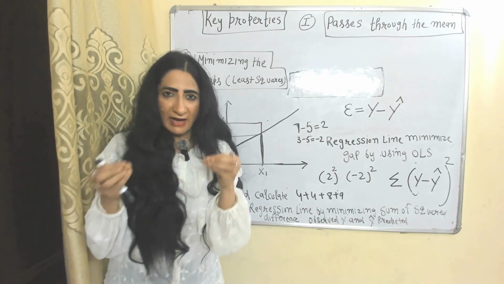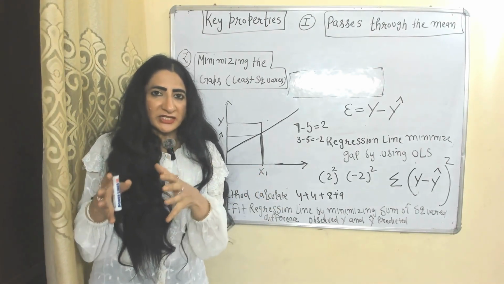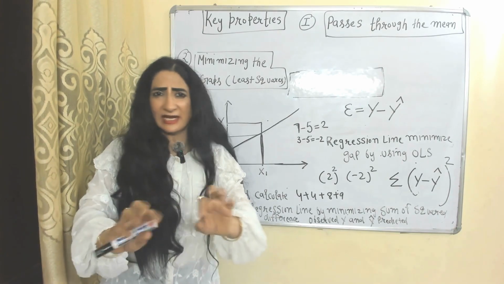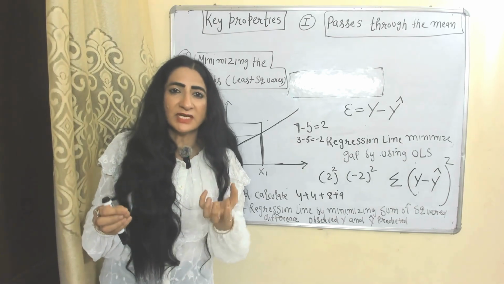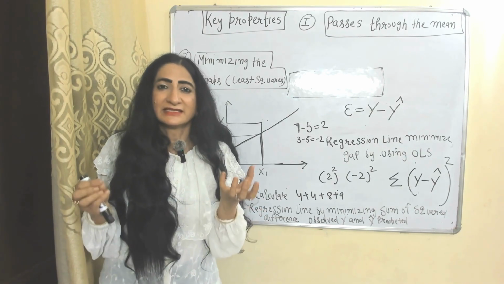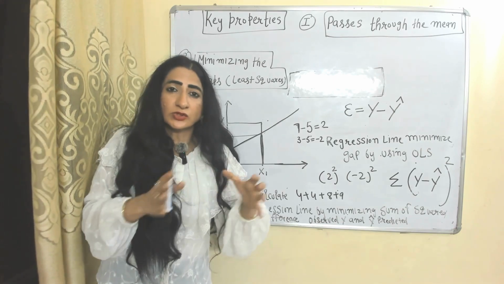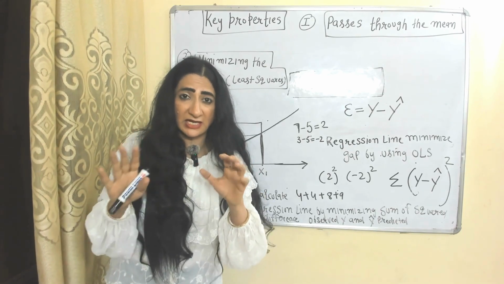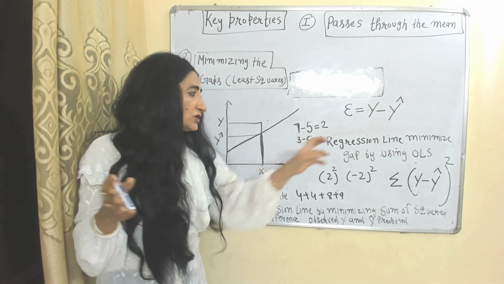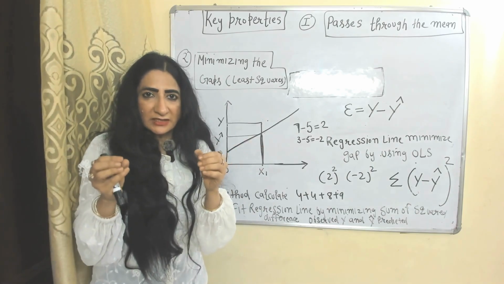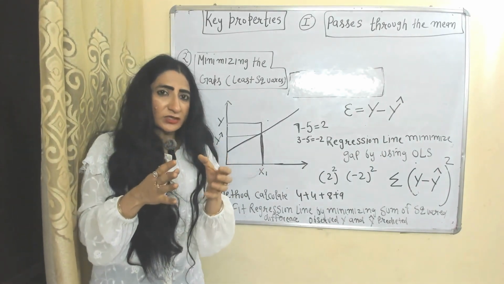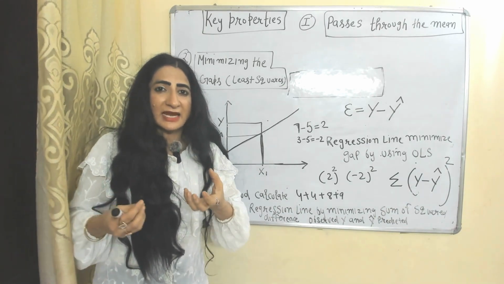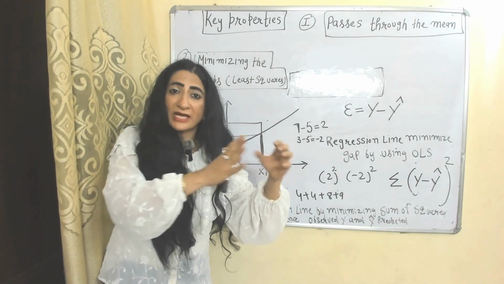If the score is high, that means the regression line is very far away from the actual data points. That means our regression line is bad. If this score is the minimum, the lowest, that means the regression line is close to the actual data points. Our regression line is the best fit. Our regression line is actually good. What does the OLS method actually do? The OLS method tries to find a line which has the lowest score, so that this line becomes closest to the actual data points.